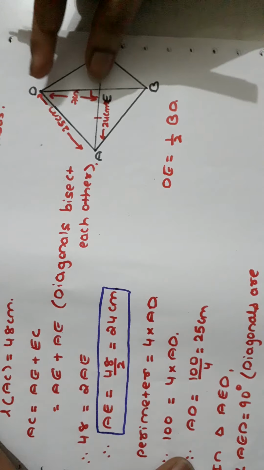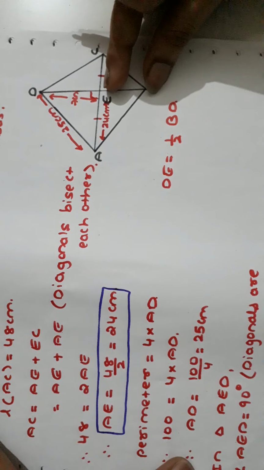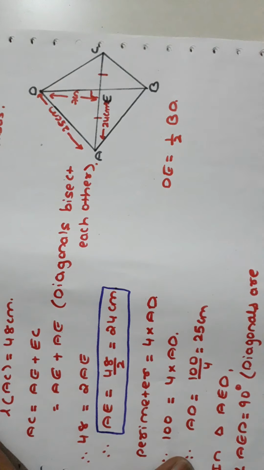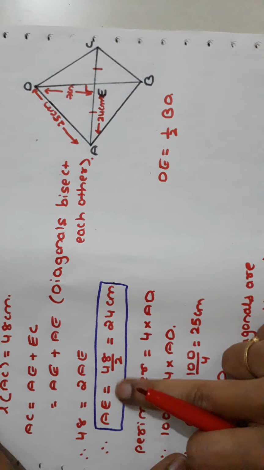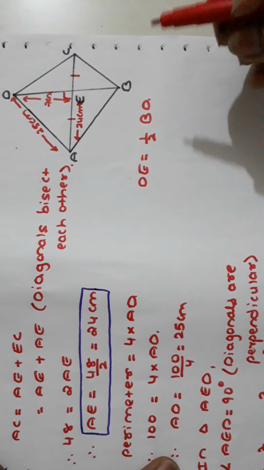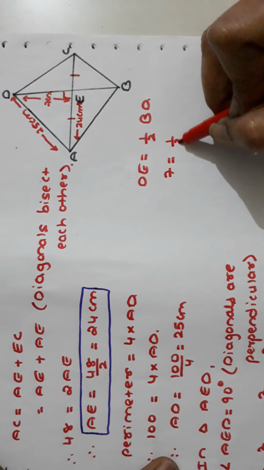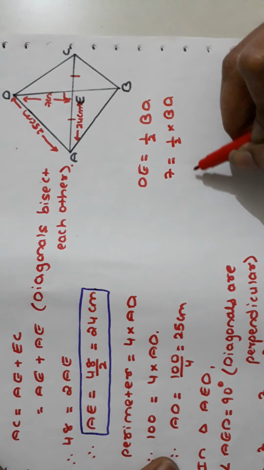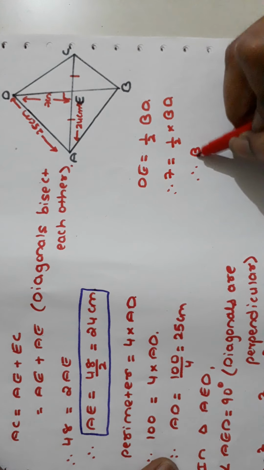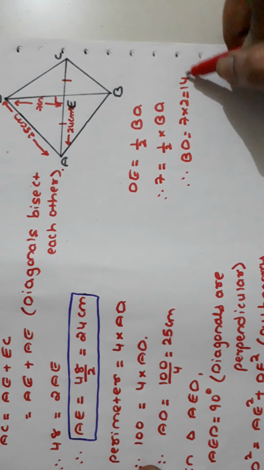So BD is DE plus EB, but DE is same as EB. So 2 times ED, and using the same step that I applied here, I get DE is equal to half of BD. But DE is 7, so 7 is half of BD. Therefore, BD is equal to 7 into 2, that is 14 centimeter.